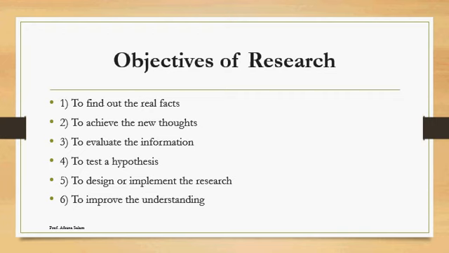Though each research study has its own specific purpose, we may think of a research objective as falling into a number of groups, like gaining familiarity with the phenomenon or to achieve new insight into it. You study when you are having some objective, right?